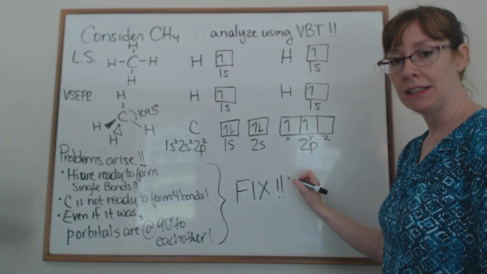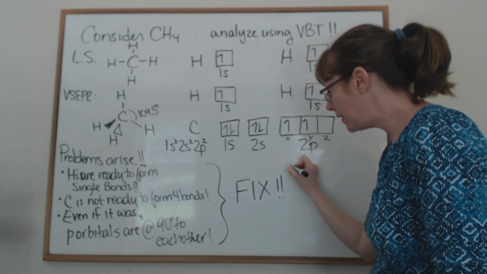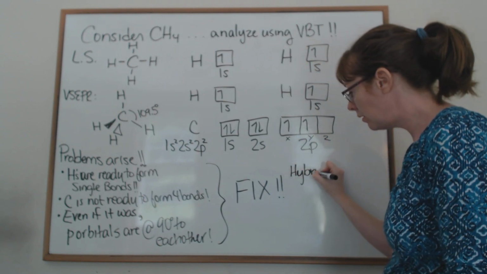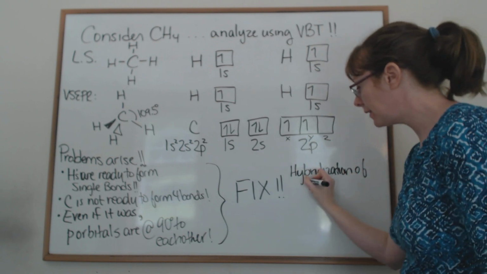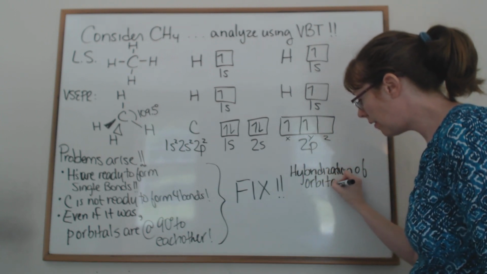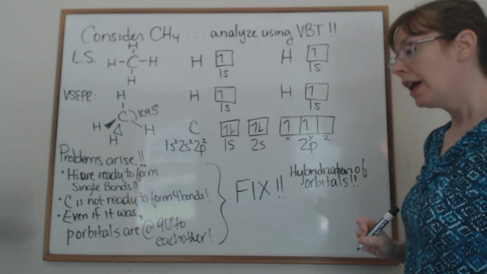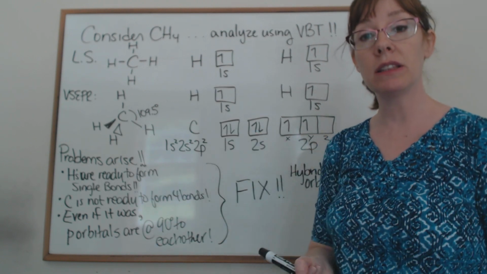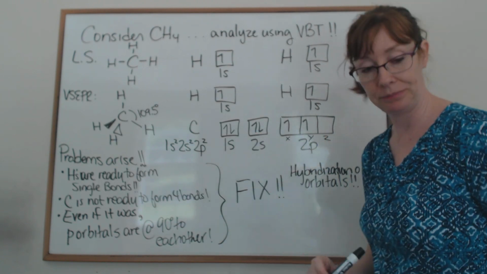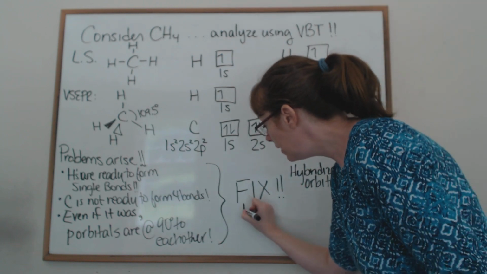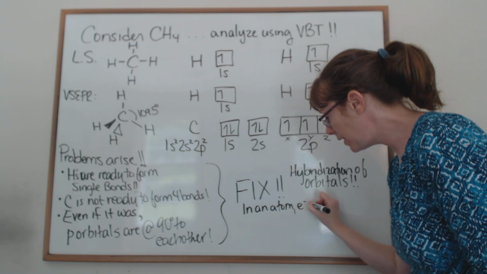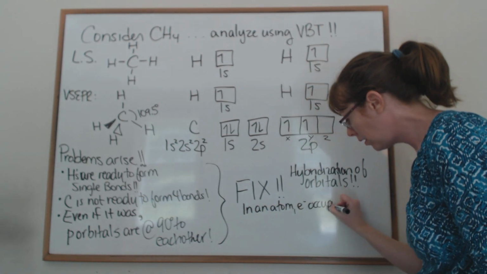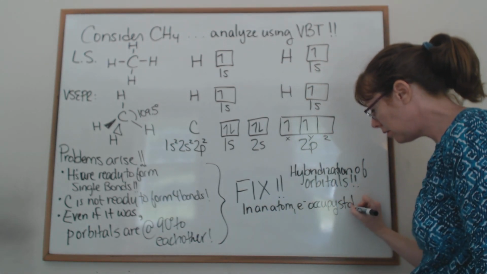And the fix is called, let me give you the title, hybridization of orbitals. That's the fix, hybridization of orbitals. And let me give it a sentence to explain it. In an atom, electrons occupy standard orbitals.